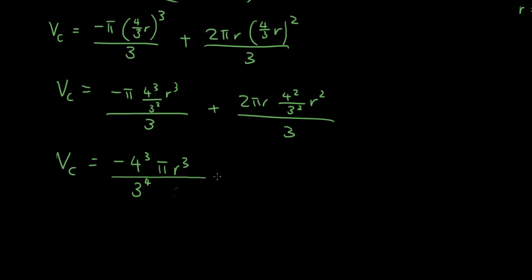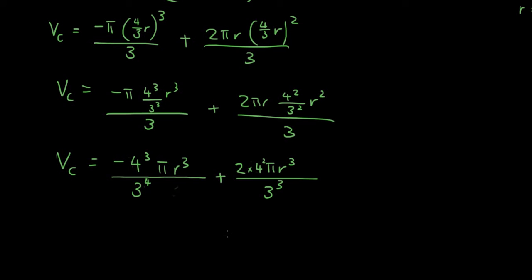Plus, let's do the same thing. I have 2 pi r, or r times r squared, that would be r cubed. And I got 4 squared at the front, so 2 times 4 squared, over 3 squared times 3, so that would be 3 cubed.